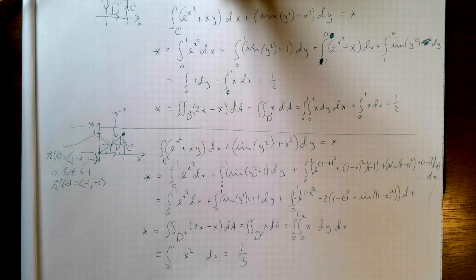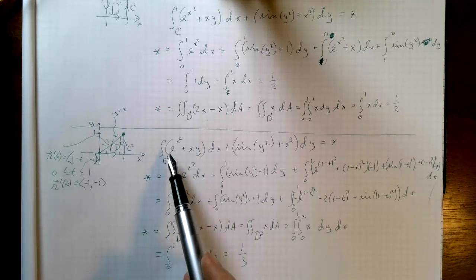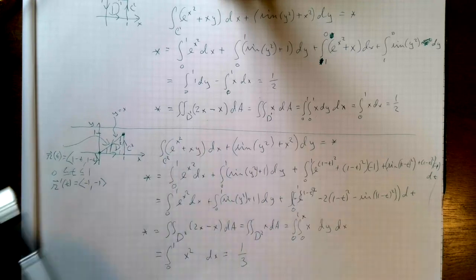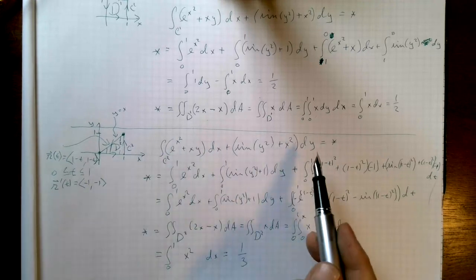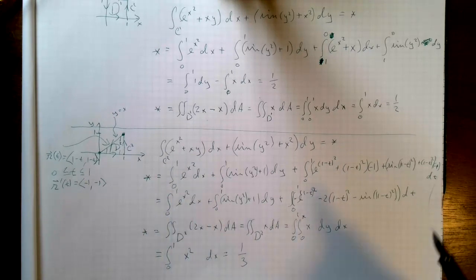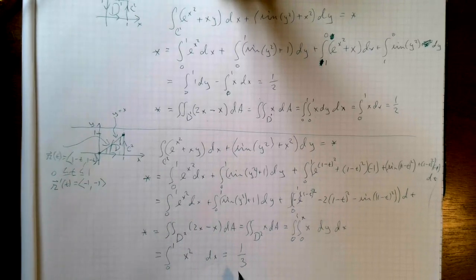So here you have an example of a path integral which is impossible to do in the brute force way. It's still true that this thing is 1/3.